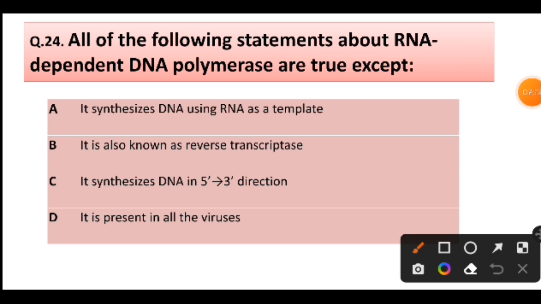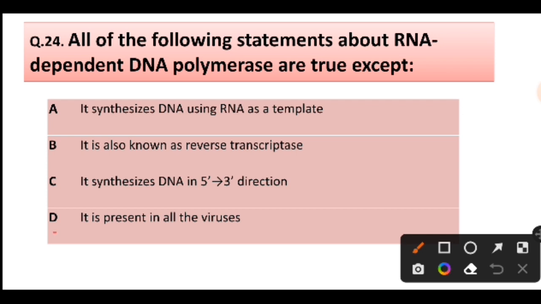Question 24. All of the following statements about RNA-dependent DNA polymerase are true except: it synthesizes DNA using RNA as a template. It is also known as reverse transcriptase. It synthesizes DNA in 5 to 3 direction. It is present in all viruses.